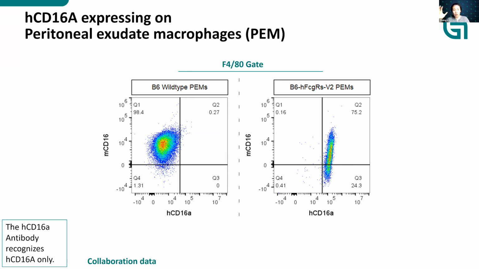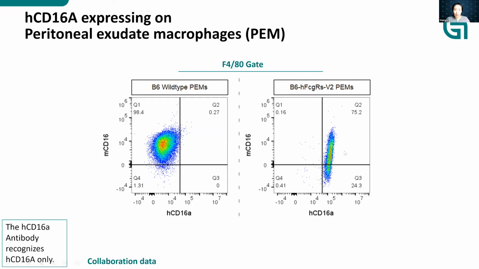And if you remember, for the humans, the CD16A is very specific for the NK and the macrophages. So what we're showing here is the wild type animal, the mouse, versus an animal that is actually heterozygous for the human FcγR.